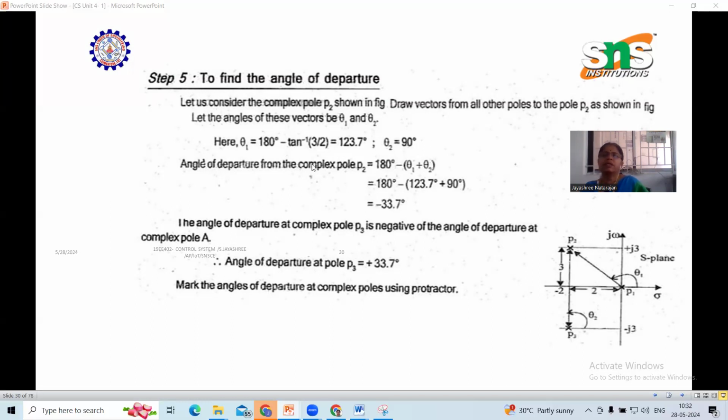So the angle of departure from pole P2 is 180 minus theta 1 plus theta 2, that is minus 33.7. Then the angle of departure from P3 is plus 33.7.